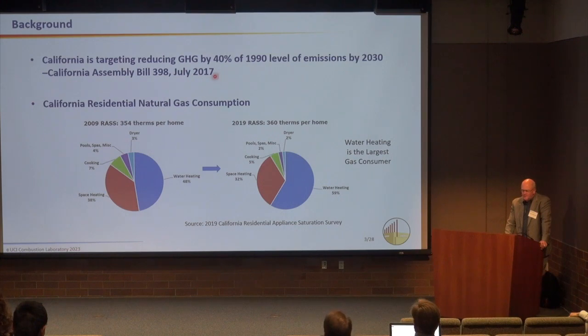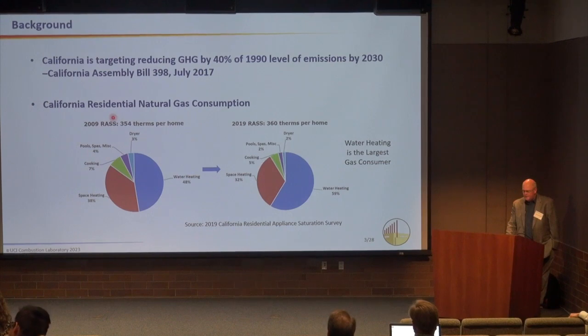California has some aggressive greenhouse gas reduction goals. How do we do that? How do we reduce greenhouse gases? Well, one way is electrification. Another way is to try to decarbonize the fuels that we're using. So these two plots here show how natural gas is consumed, in this case in residences.